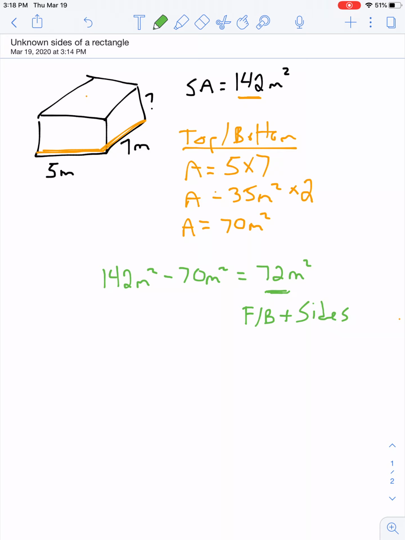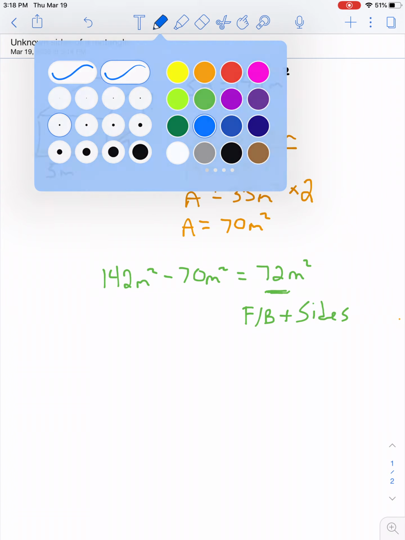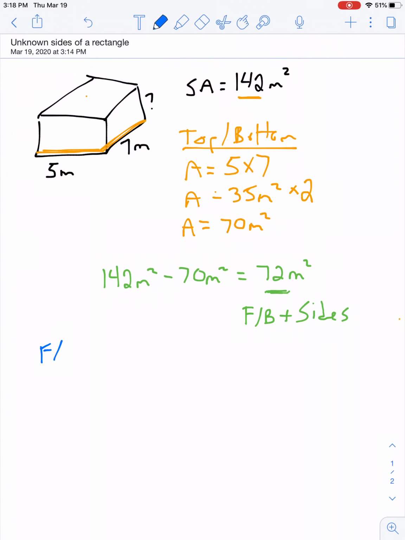So now all I've got to do is a little bit of algebra to solve things. If I want to look at my front and back and get an idea of what's going on there, my front and the back is simply going to look at this edge, and I'll start with the front. So I'm looking at this edge here being 5, and this other edge of my rectangle being my unknown. Now, to make life a little bit easier, rather than calling it an unknown, I'm going to give it a name, a variable, n.